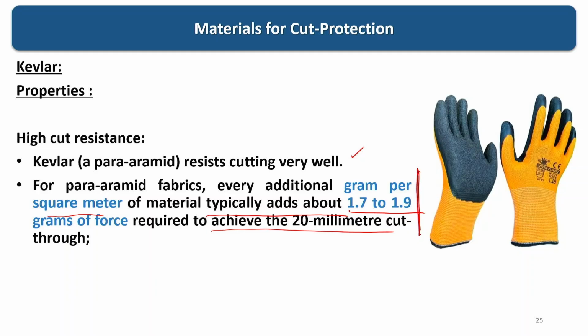That is important here. This data is from one of the published studies. So, if we increase the fabric mass per unit area, the areal density, we can get higher cut resistance.